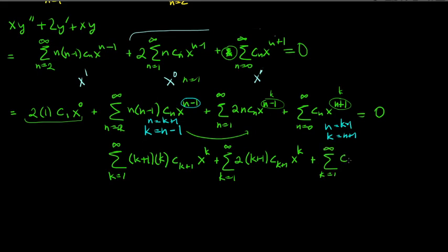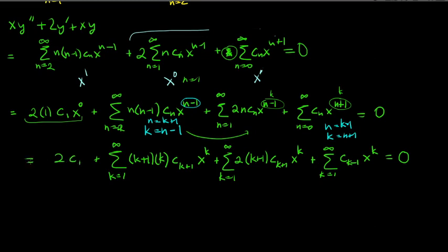So this will be c subscript n, which is k minus 1, times x to the k. Again, we're starting at k equals 1 because this was n equals 0. And that still equals 0. And don't forget the 2c1 in front here.